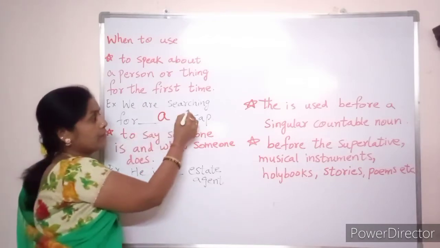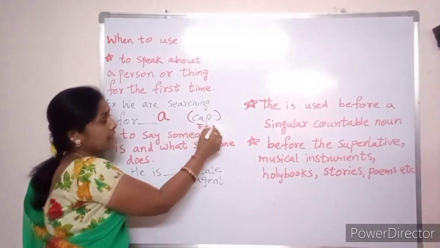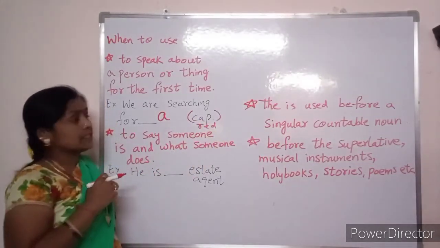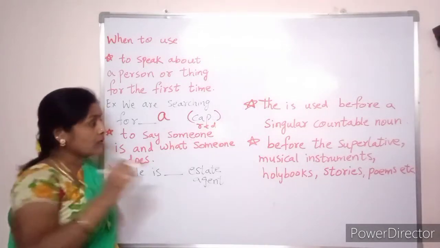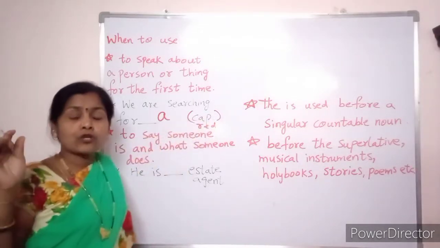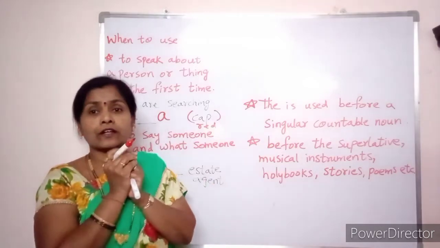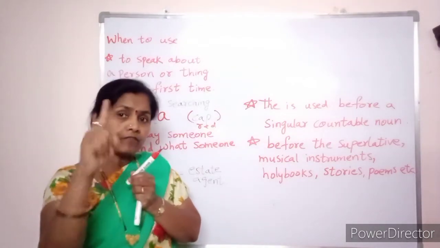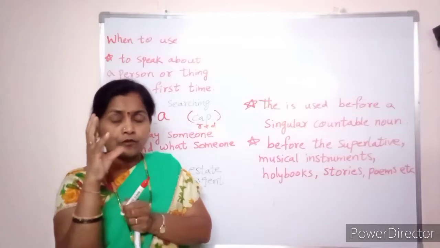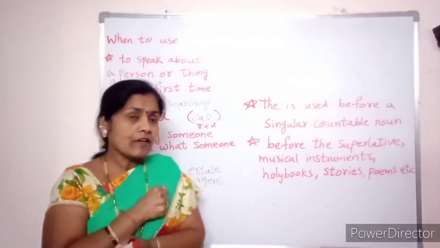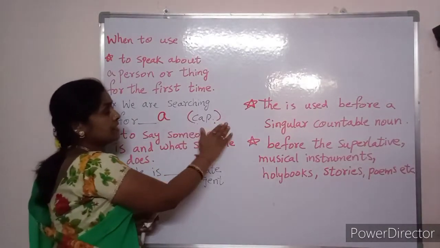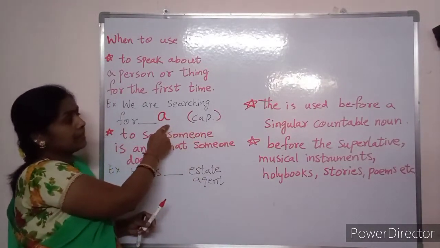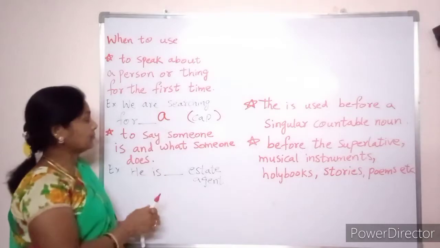Instead of cap, if I say red cap, then it changes to we are searching for the red cap. Why am I using the? Because cap is not specific, it is not particular. But red cap means it is only one, it is specific. Before the particular noun we have to use the. But here, since I am telling it only for the first time, that's why I am using a.